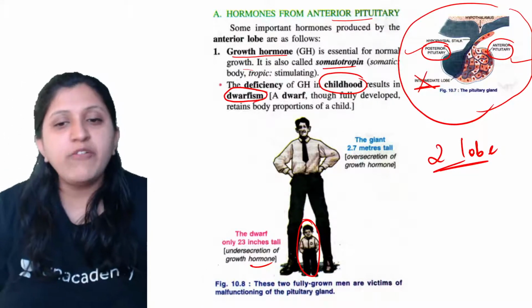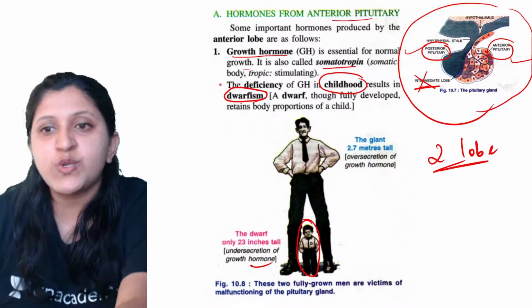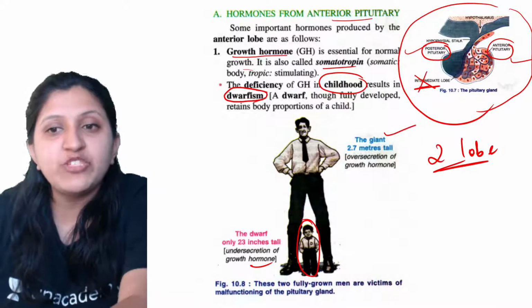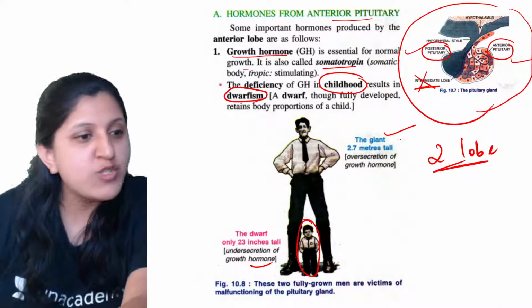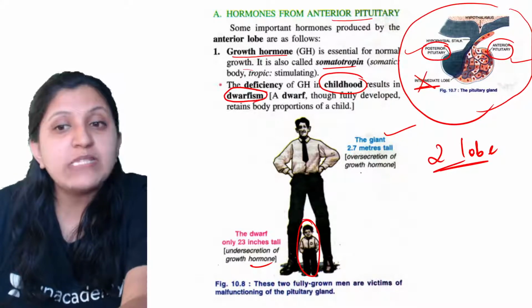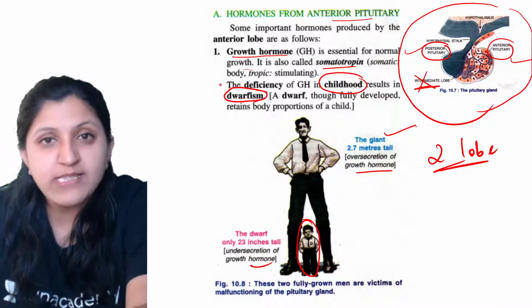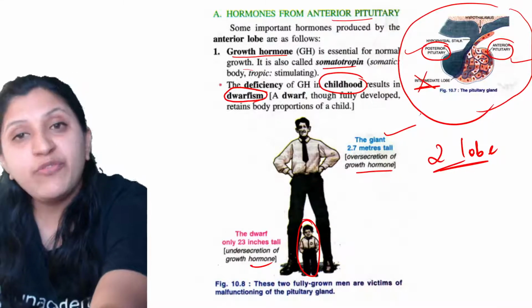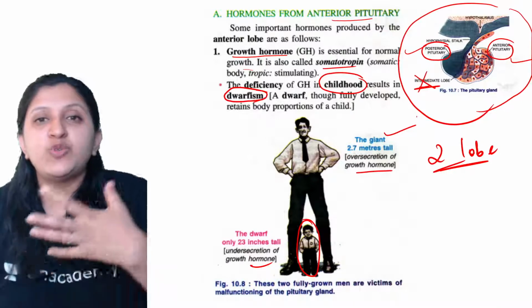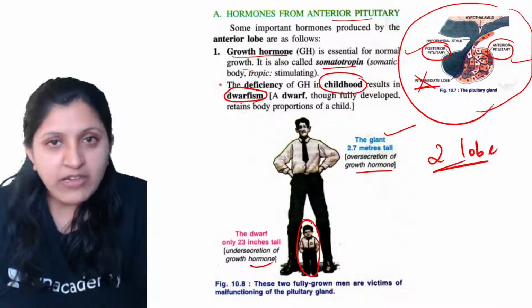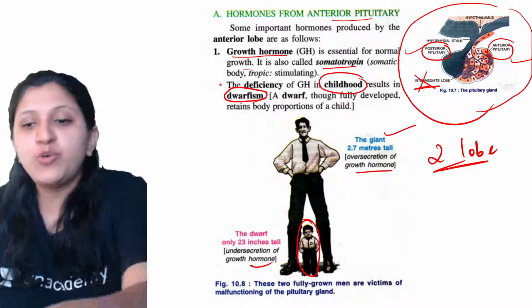Now you can see this also, there is a giant individual, about 2.7 meters tall. Oversecretion of growth hormone has occurred in him. If oversecretion is there, it will lead to giantness, and if undersecretion is there, it will lead to dwarfness.